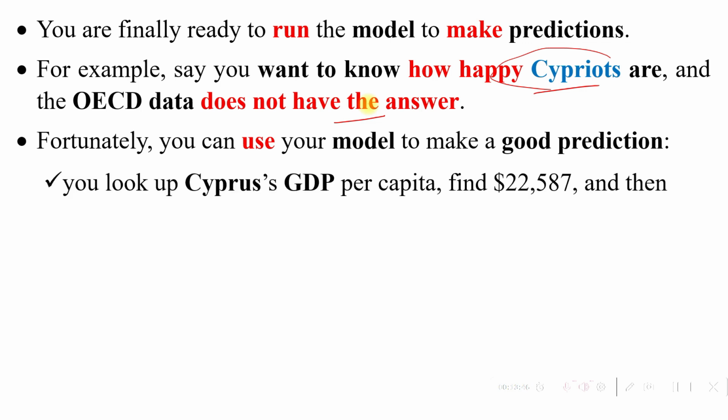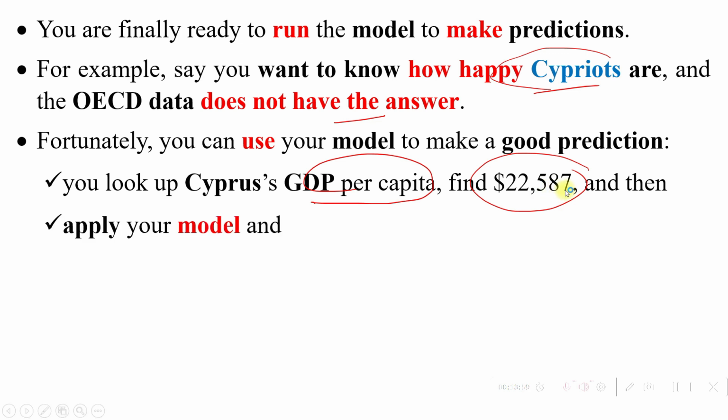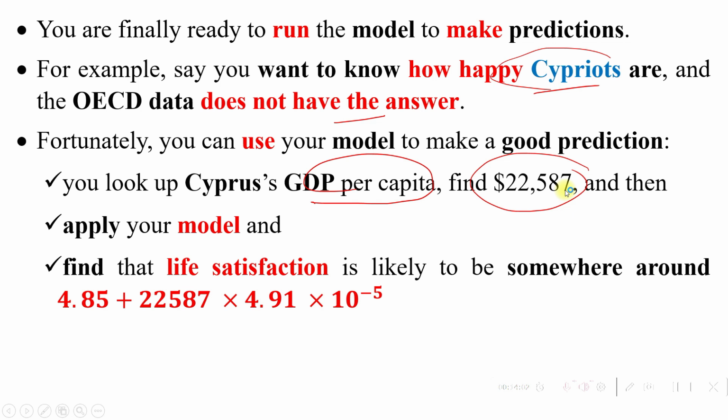We look up the GDP per capita of Cyprus, which is $22,587. Then apply your model: the life satisfaction is likely to be around 4.85 plus 22,587 times 4.91 into 10 to the power minus 5. That gives the life satisfaction of Cyprus.